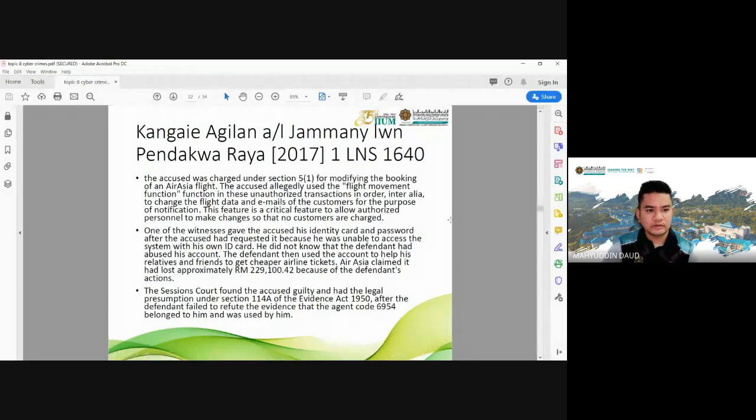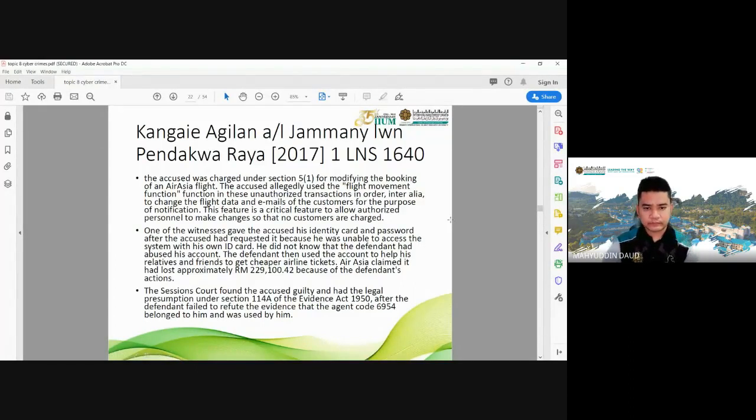In another case of Kangai Agilan against PP, this was actually a case about AirAsia. The accused here was charged under Section 5 of the Computer Crime Act for modifying the booking of an AirAsia flight.